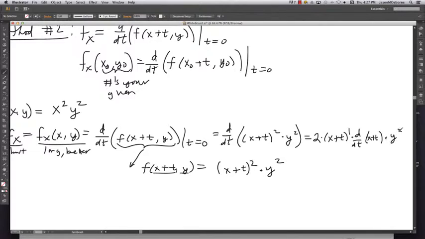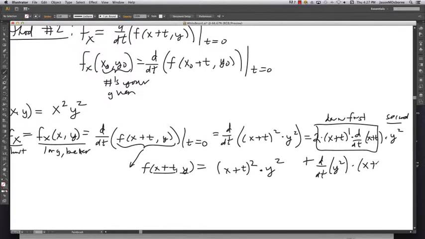times y squared. So what we've done here is the derivative of the first times the second, which is a Calc 1 concept. And then I need to add on plus the derivative of the second, the derivative with respect to t of y squared, times x plus t squared. So I did the derivative of the first times the second plus the derivative of the second times the first.